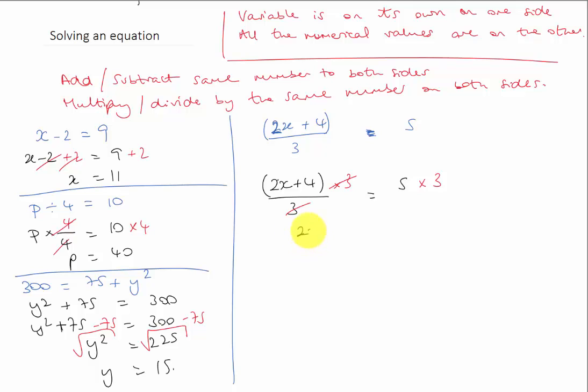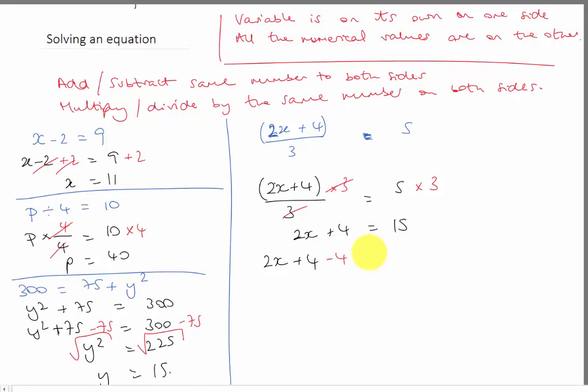I've got 2x plus 4 is equal to 5 times 3, which is 15. Alright, so now I've got our 2x plus 4, and I want to get rid of the plus 4, so I'm going to subtract 4 away, equal to 15 minus 4. So again, these are going to cancel out, the same as adding 0. We've got 2x is equal to 11.